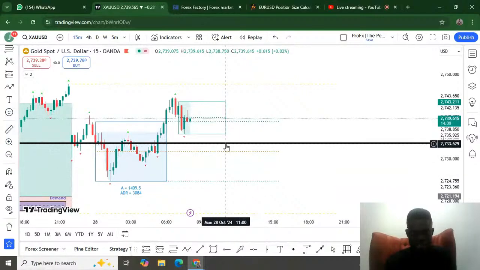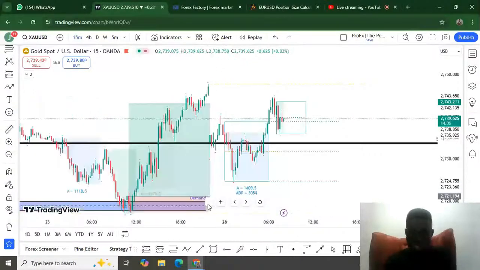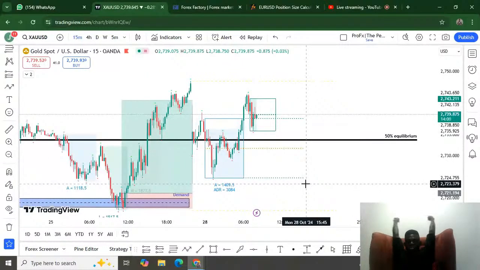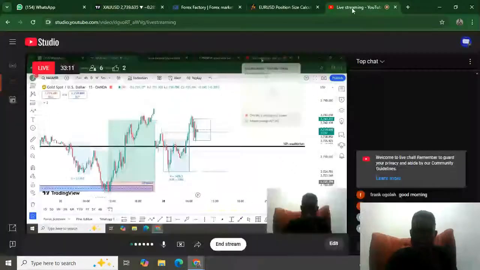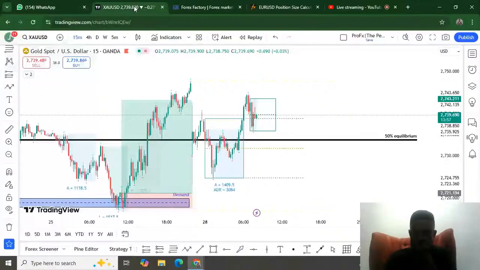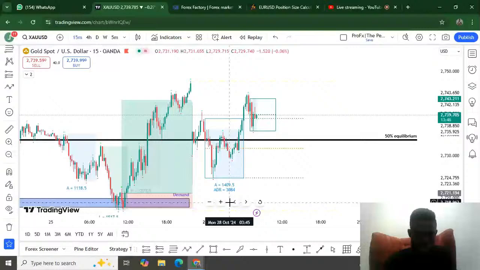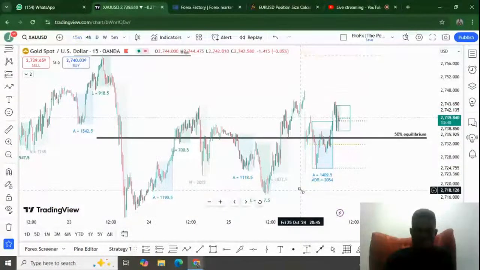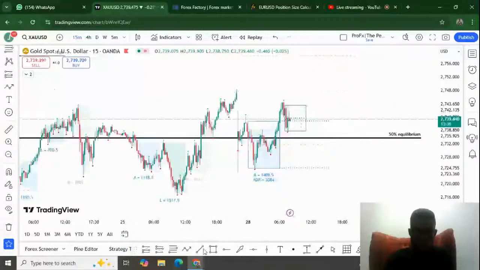Currently, are we above 50 or below 50 on gold? Equilibrium.